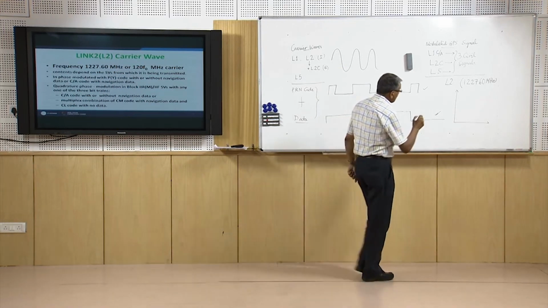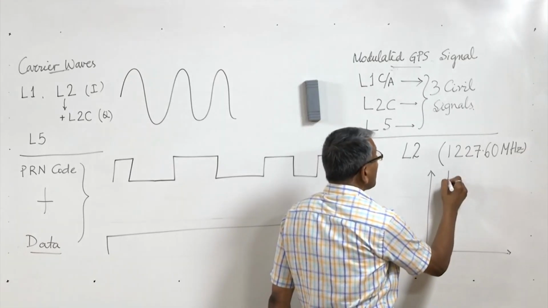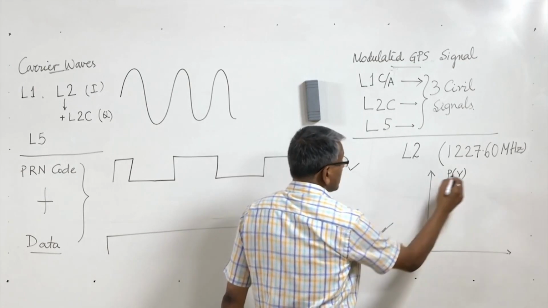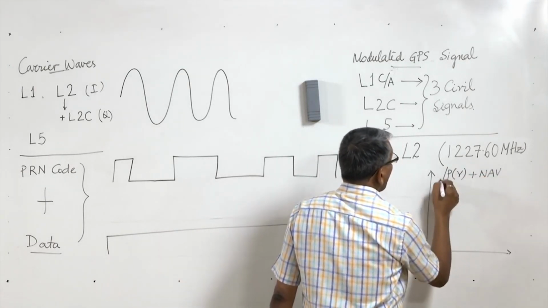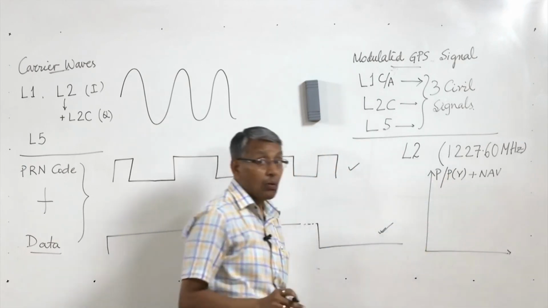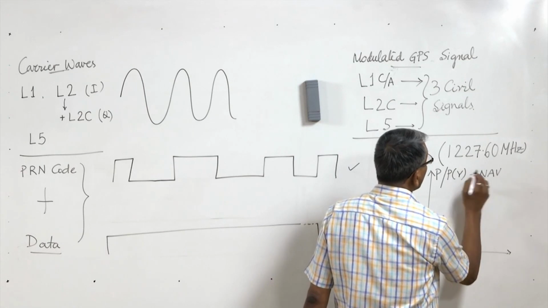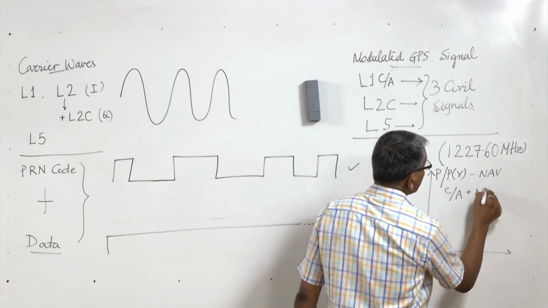Now in phase, the L2 signal may contain PY signal with nav data, P or PY signal with or without nav data, and CA signal with nav data.